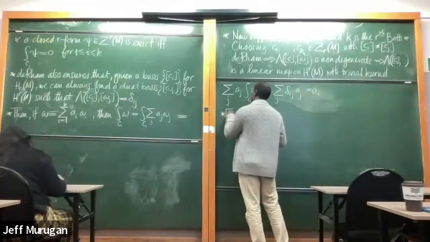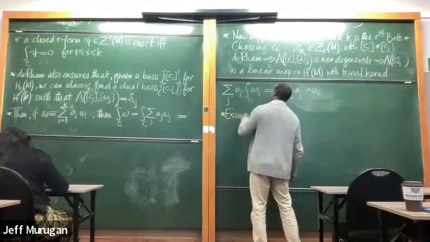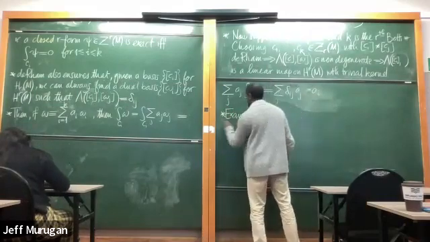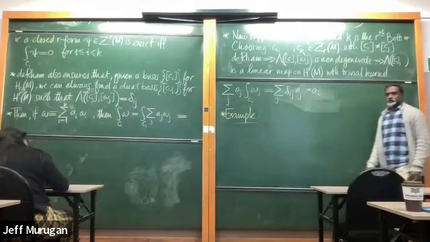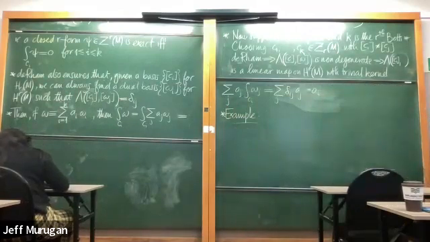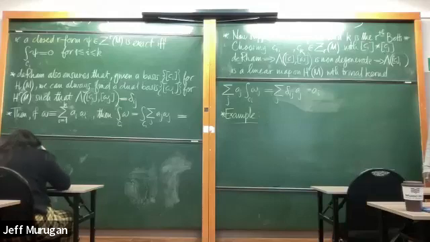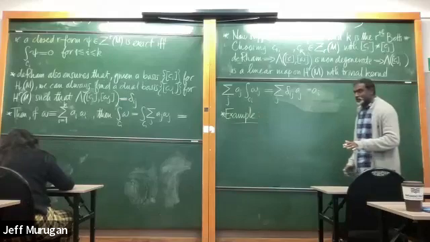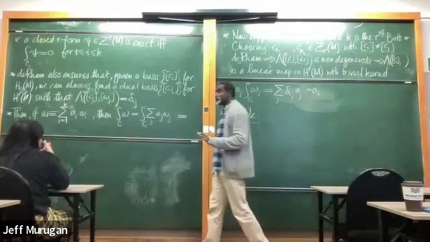Let me do an example to illustrate why all these statements are useful. One reason they're useful is because it's bloody hard to calculate homology classes. So any trick you can find to help you calculate homology classes as a mathematician is a useful trick.